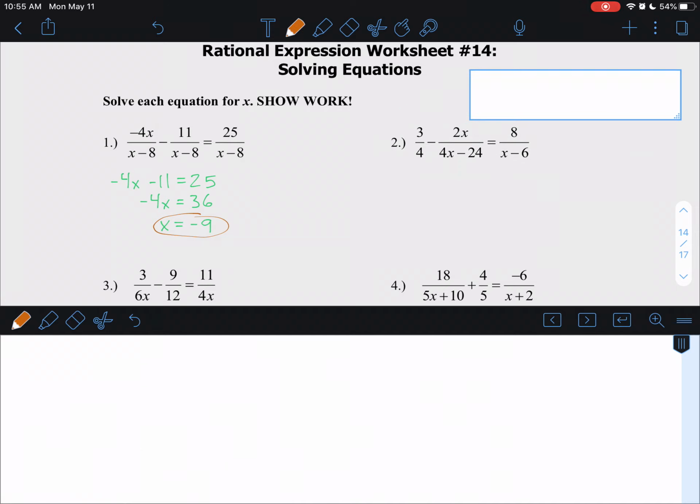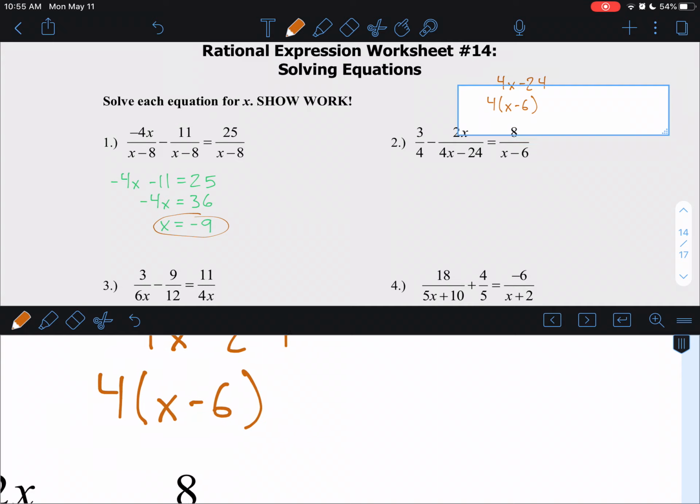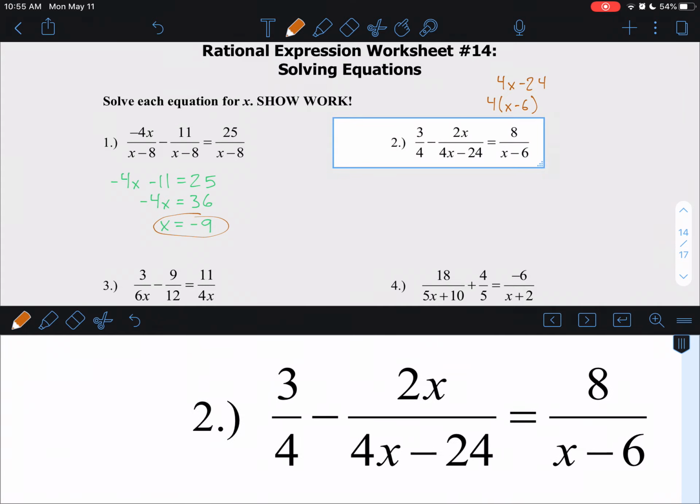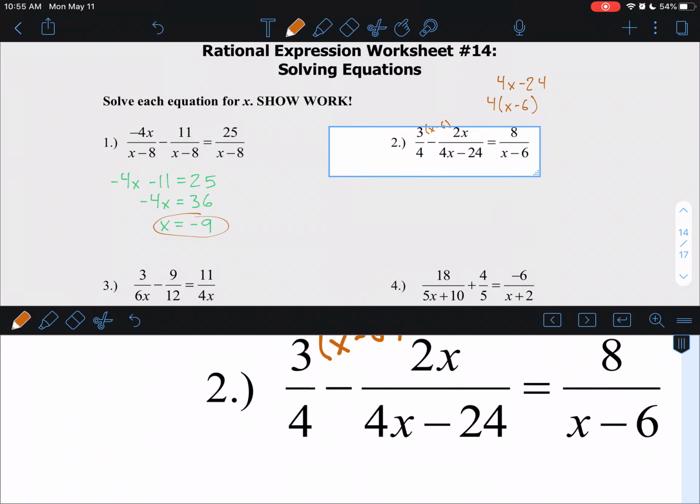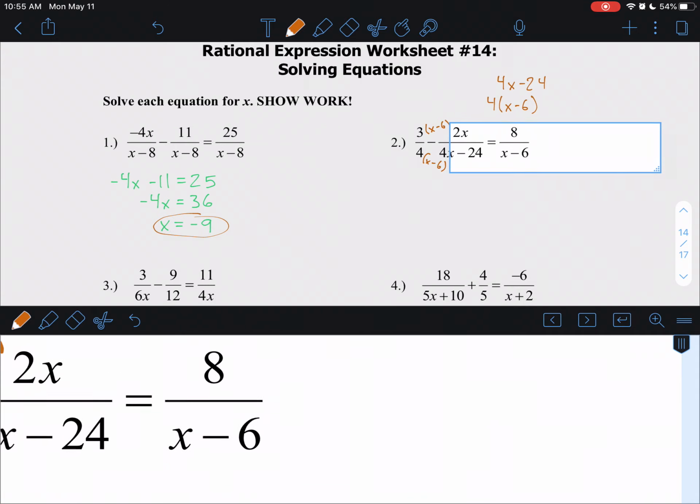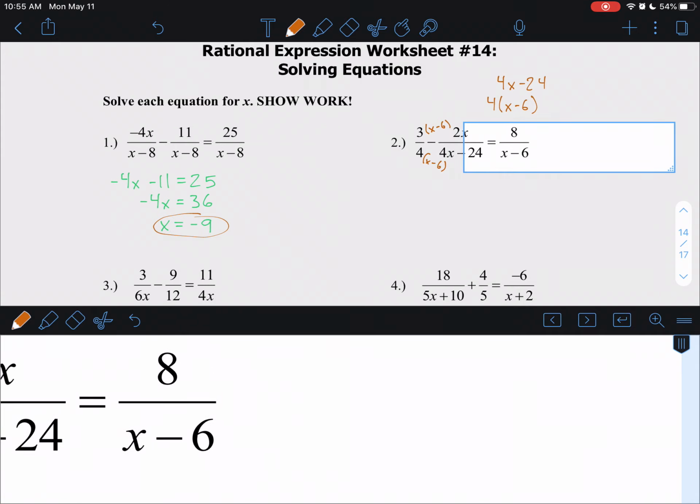Because we want to get it to turn into 4x minus 24, if I pull out the GCF, it's 4 parentheses x minus 6, which means that I have to multiply this 3/4 by x minus 6 over x minus 6. And then I have this 8 over x minus 6.